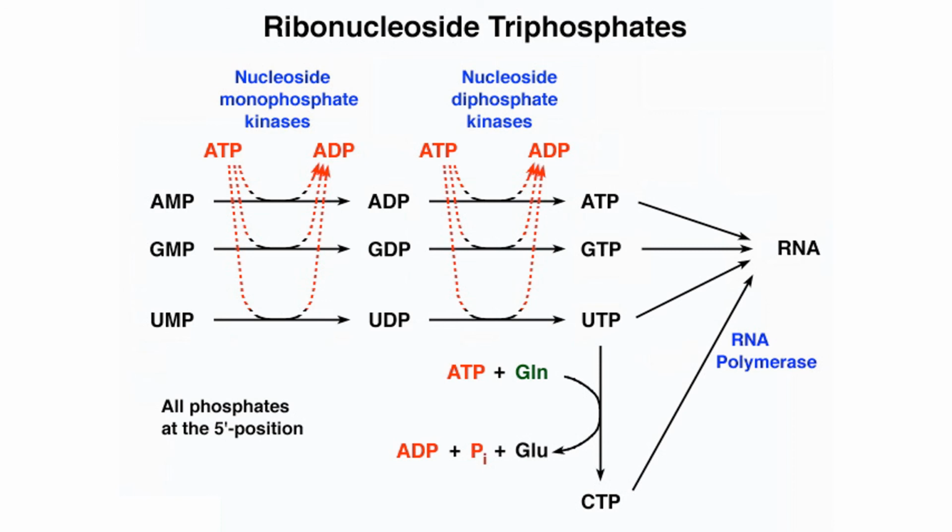It works on all of them, and of course we're going to need ATP to donate that phosphate group. So we get our diphosphates in all 3 cases, and then there's nucleoside diphosphate kinases that add that 3rd phosphate to generate ATP, GTP, and UTP.